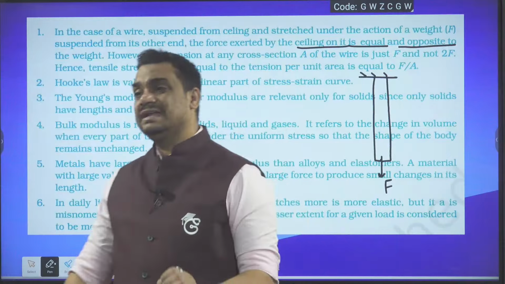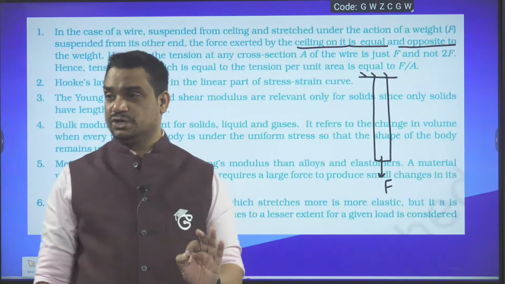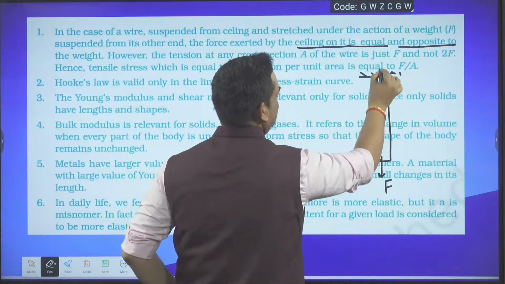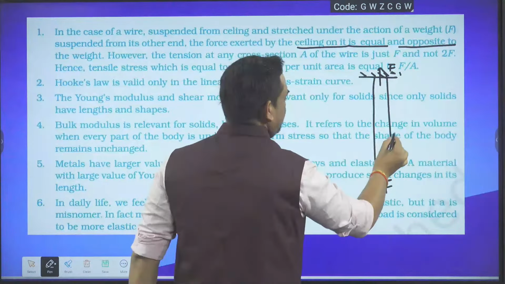However, the tension at any cross section is just F, not 2F. Means if you take it here, the tension is F, and here also it is F.